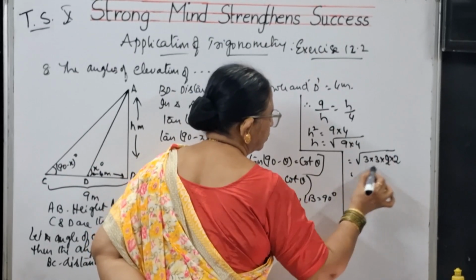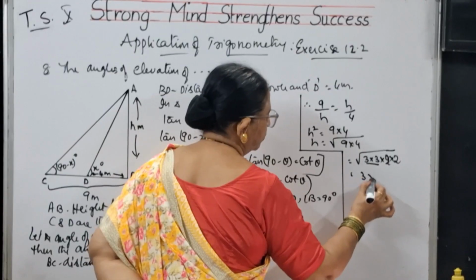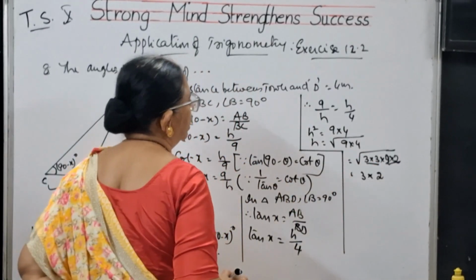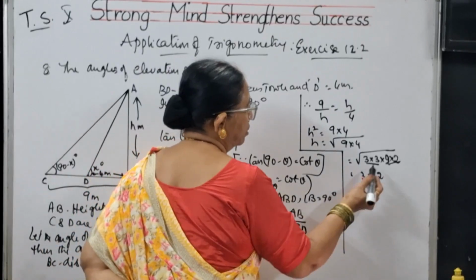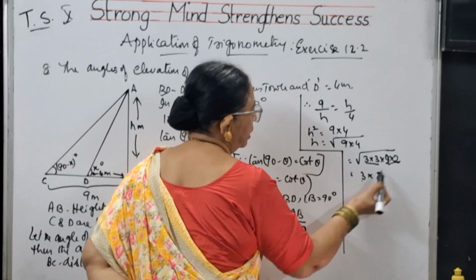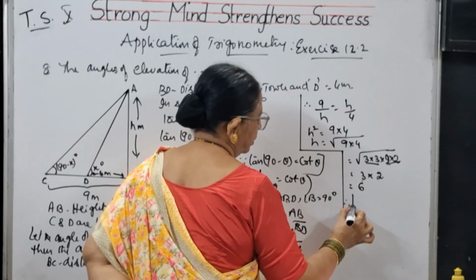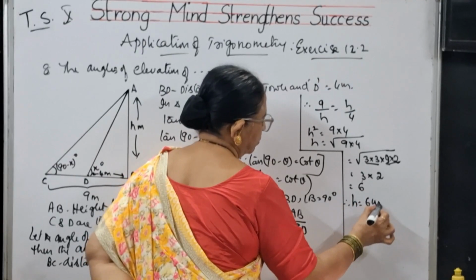So instead of 2 threes, 1 three, and instead of 2 twos, 1 two. That is 6. Therefore, h is equal to 6 meters.